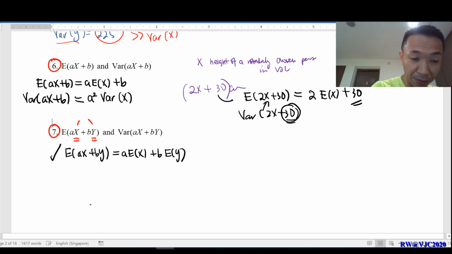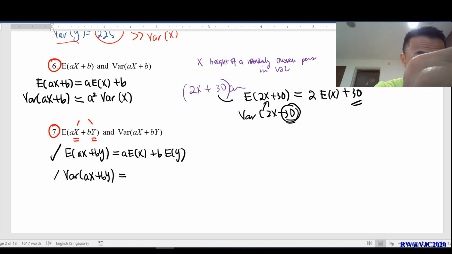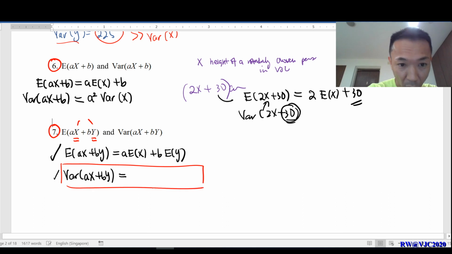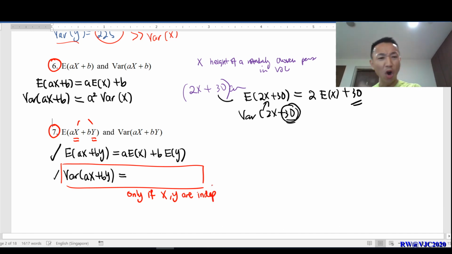Next one is extremely important. What about variance? You can only use this result, and this one I want to stress many times, only if x and y are independent. If x and y are not independent, you cannot anyhow use it.